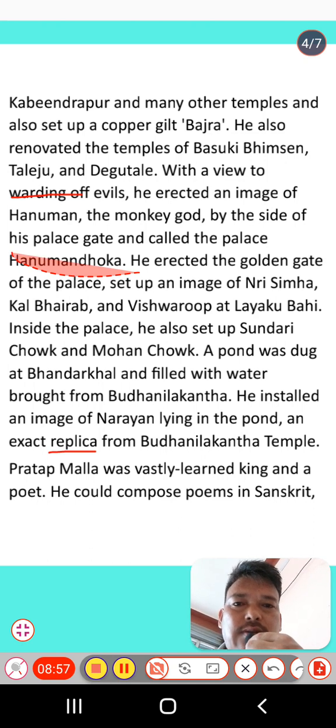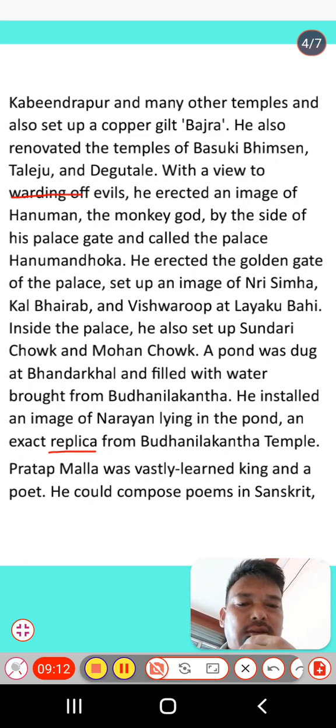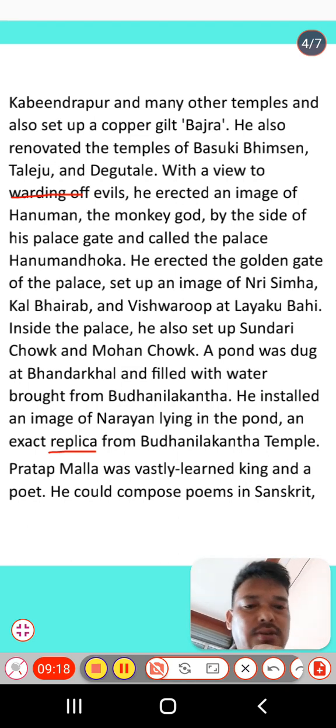In whole, students, we can say that he had renovated or repaired many temples around the city, like Basuki, Bhimsen, Taleju, and Degutale. These are some examples of what he renovated or repaired during his tenure.